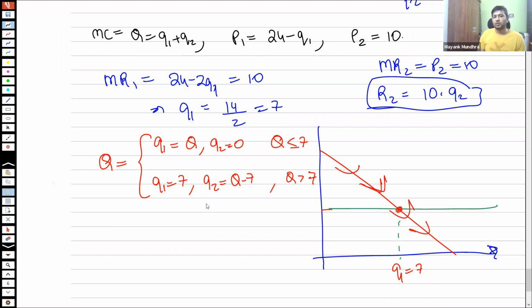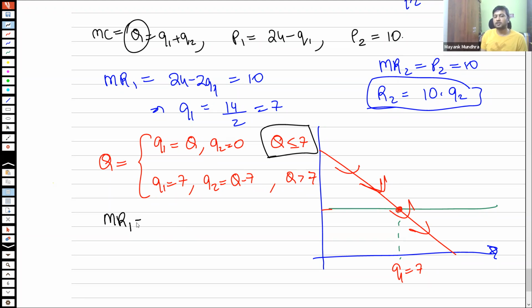If total quantity is less than 7, let's say, marginal cost is Q. So Q1 plus Q2 must be equal to capital Q. That's true if Q2 is 0. But the idea is that in this case, marginal revenue in market 1 is still higher. So you want to equate marginal revenue.